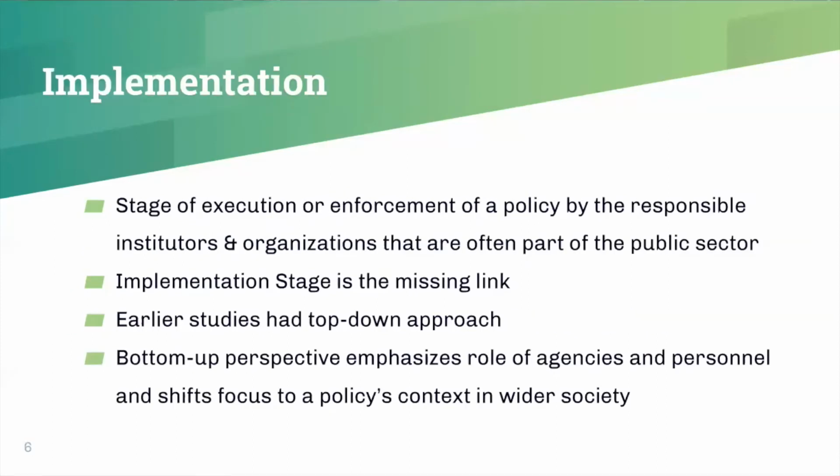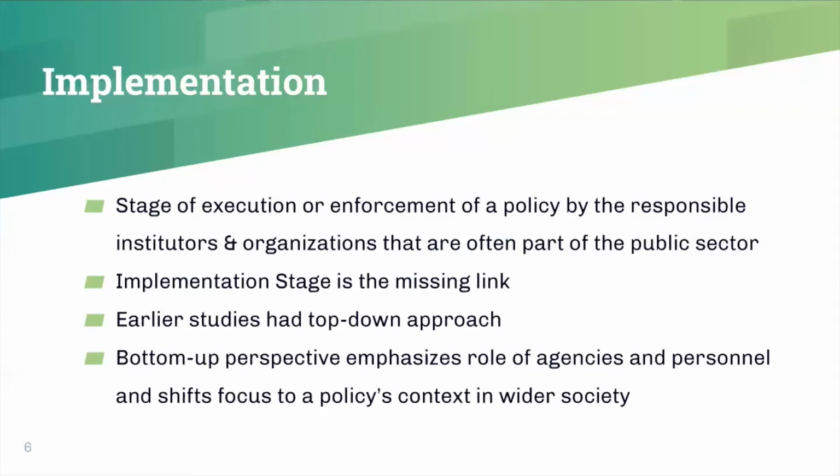Next stage in the reading is implementation, and this is the stage of execution or enforcement of a policy by the responsible institutions or organizations that are often part of the public sector. Ideally, implementation consists of the specification of program details, the allocation of resources, and then the decision making.